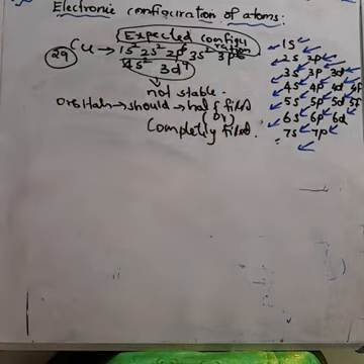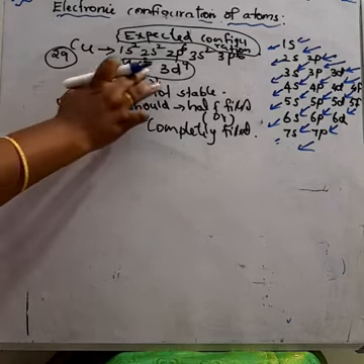The expected configuration I wrote according to the Aufbau principle is not stable, but the actual configuration is stable. Then copper also has 4s2, 3d9.